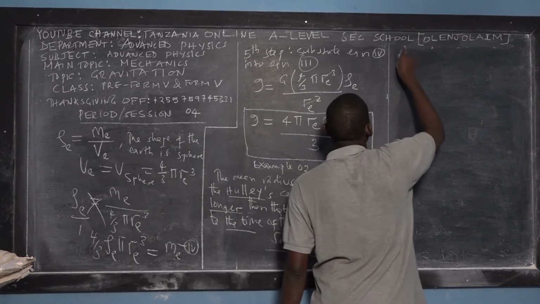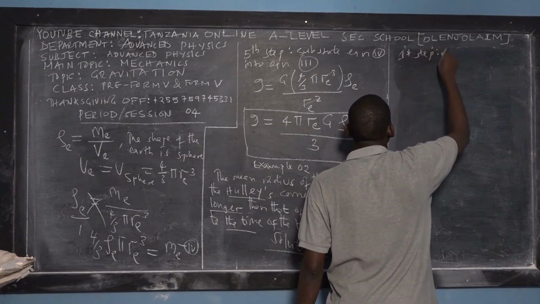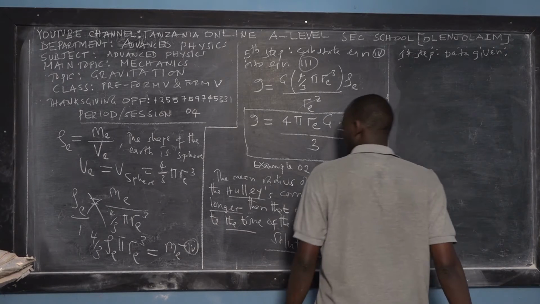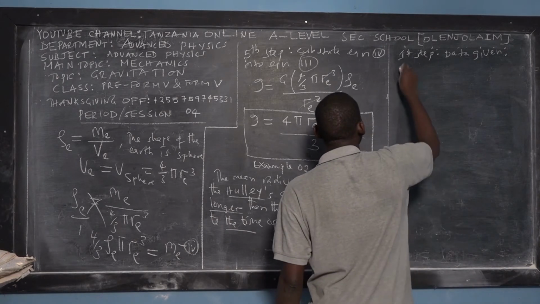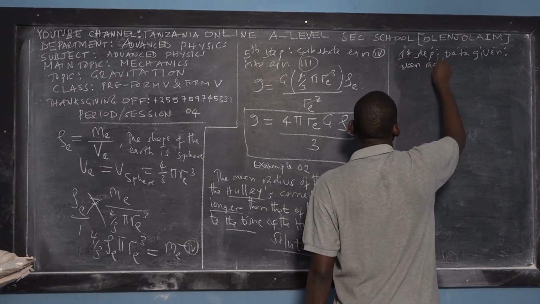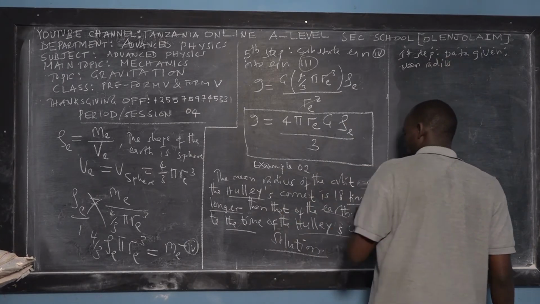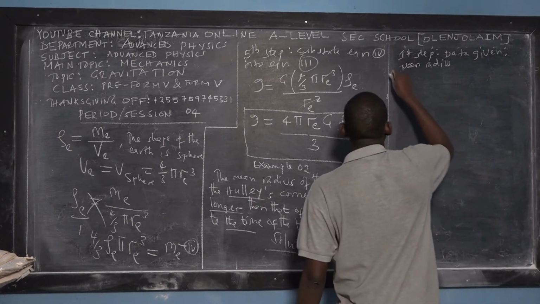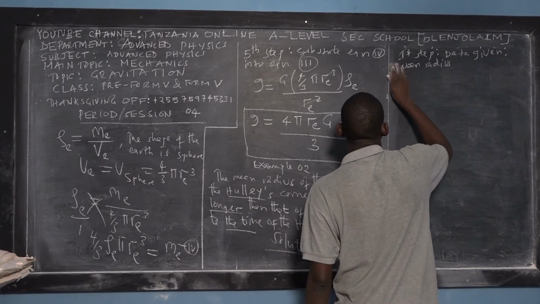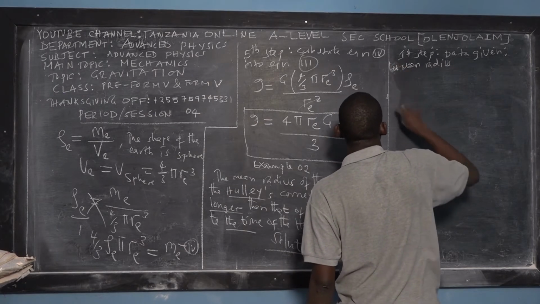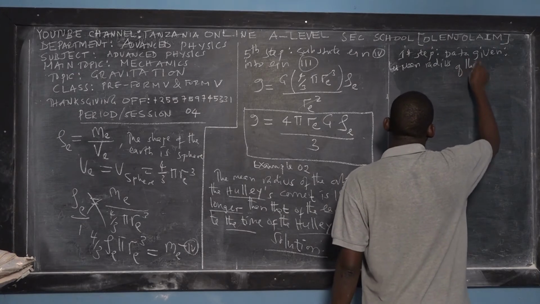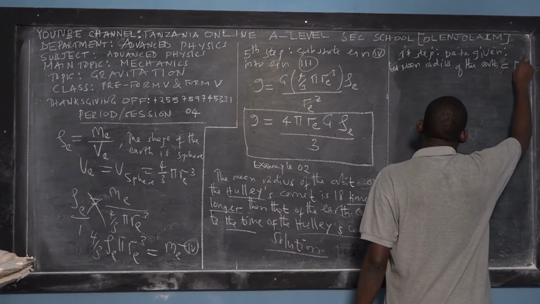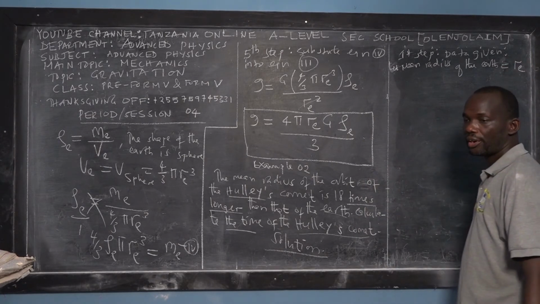Solution. Let us go to the first step. Let us analyze the data we've been given. The data given is that the mean radius of the orbit of Halley's comet is 18 times longer than that of the S. So here we let the mean radius of the S be equal to RE, right?